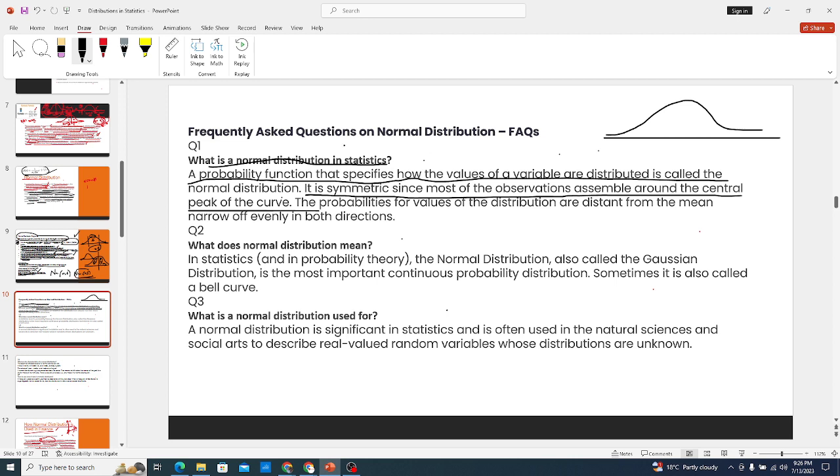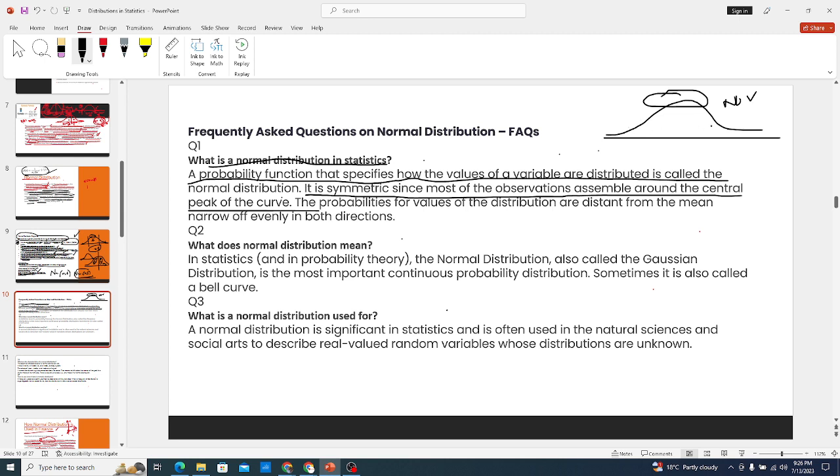Whenever you see this kind of shape, definitely you will know it is a normal distribution in statistics.